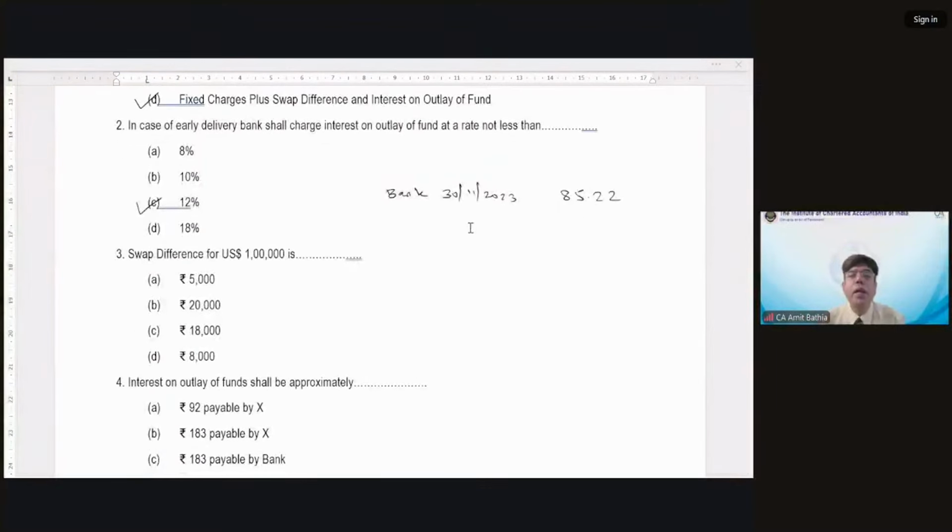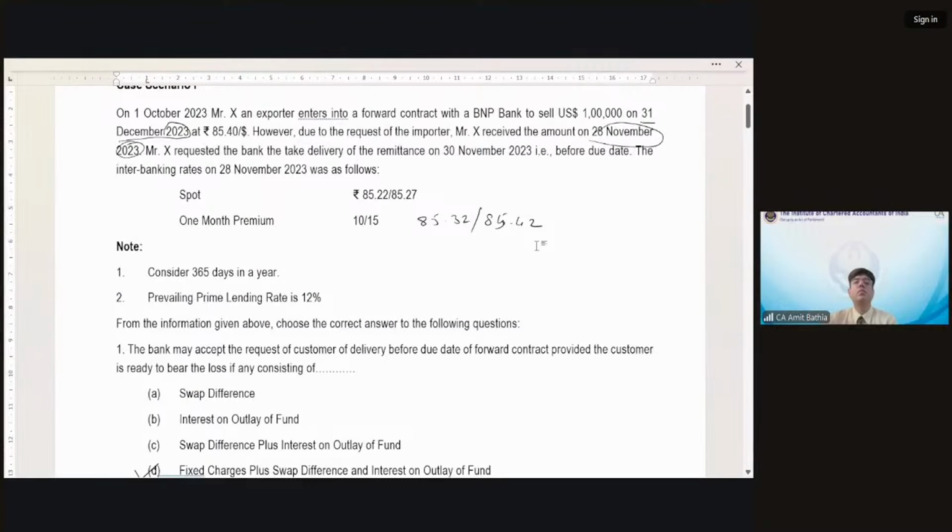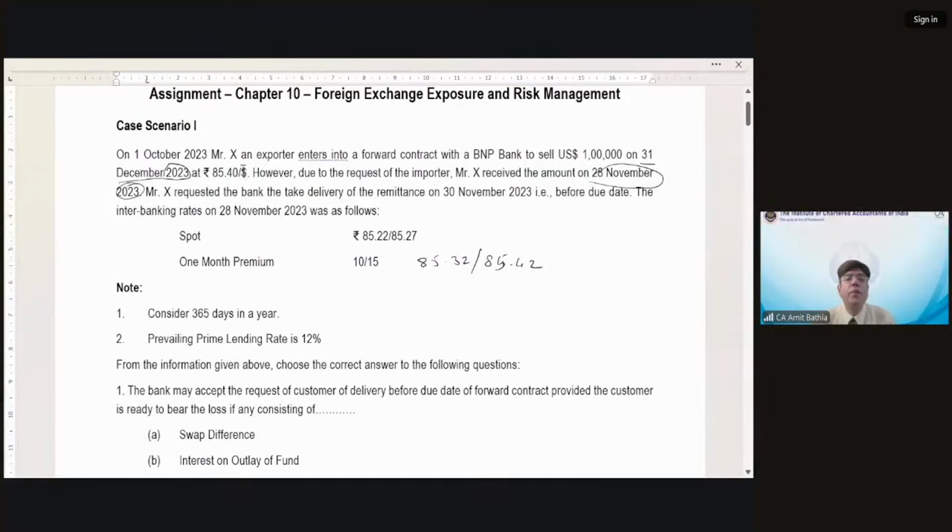Now, the bank was originally obligated to buy at what rate? Bank would have bought at which agreed forward rate? The rate which was given to us is 85.40.